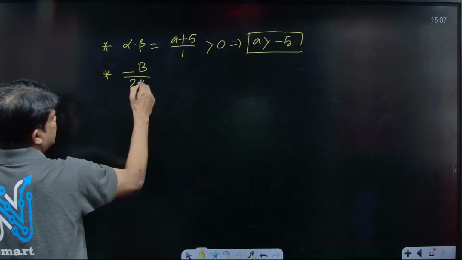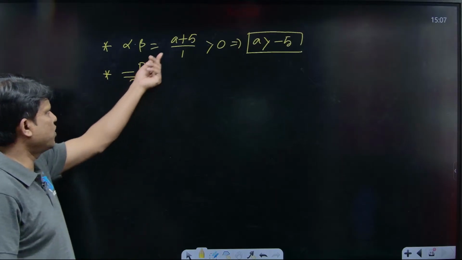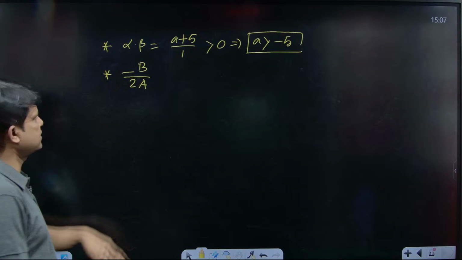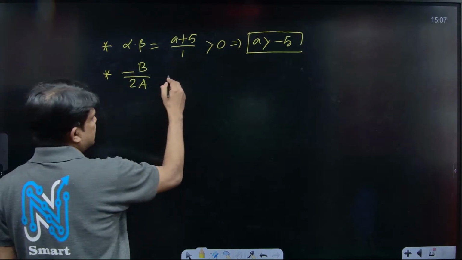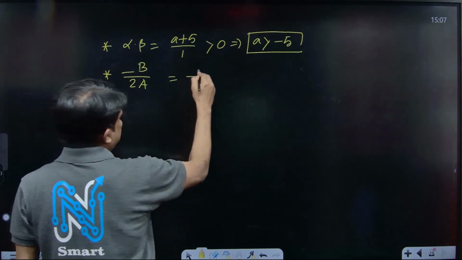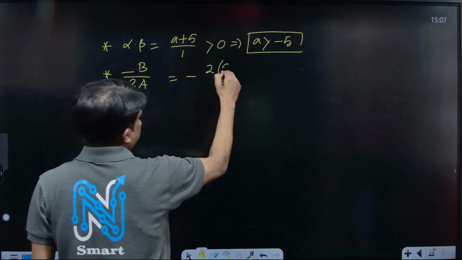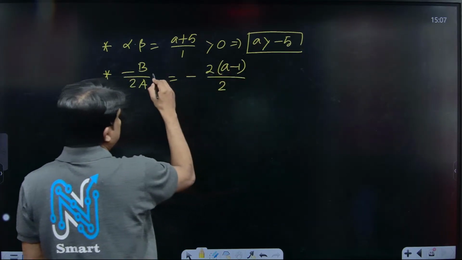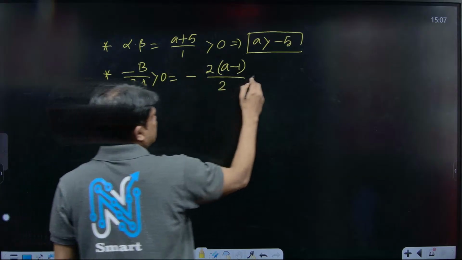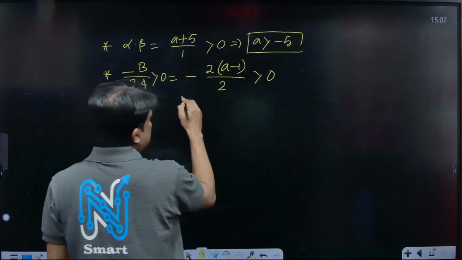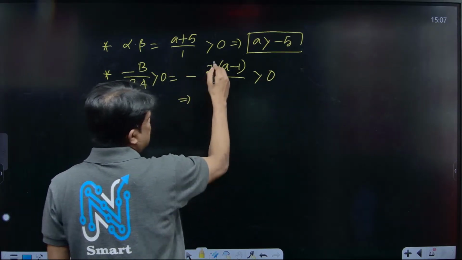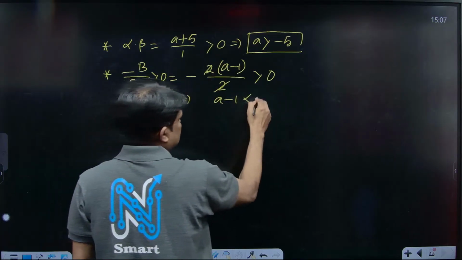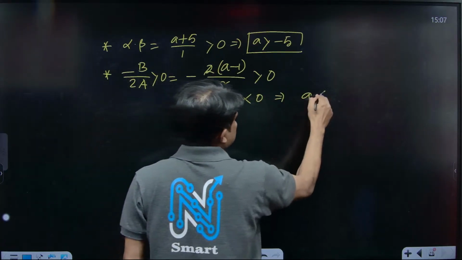Because in the question small a is given, that is why we write minus B: the x coefficient is capital B and the coefficient of x square is a. So this is minus 2(a minus 1) by 2, strictly positive, so the 2 cancels, minus (a minus 1) positive means a minus 1 is negative, so a is less than 1.